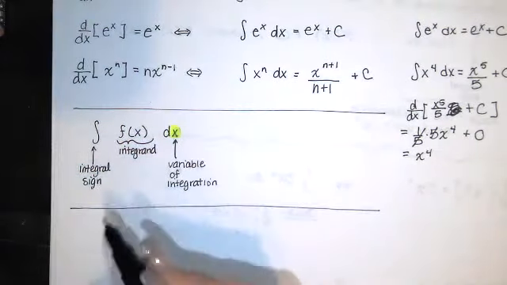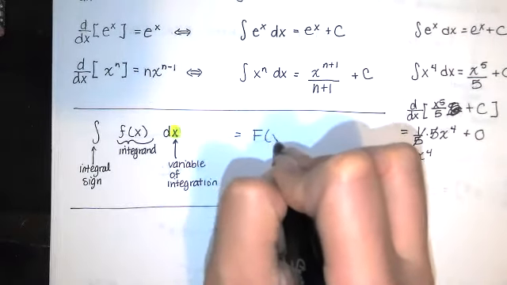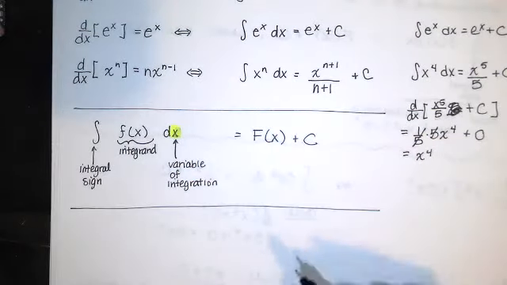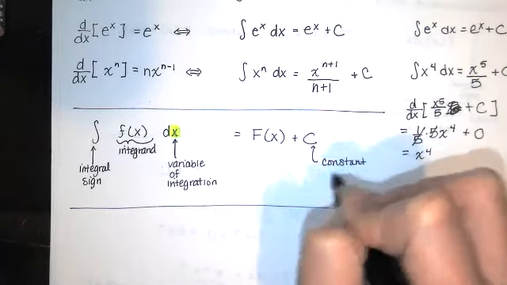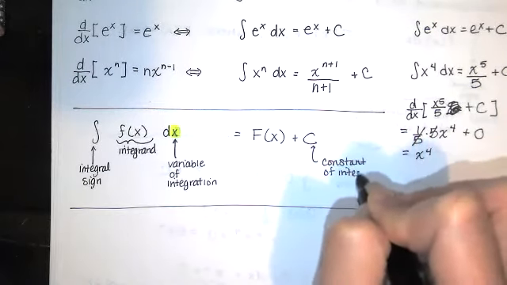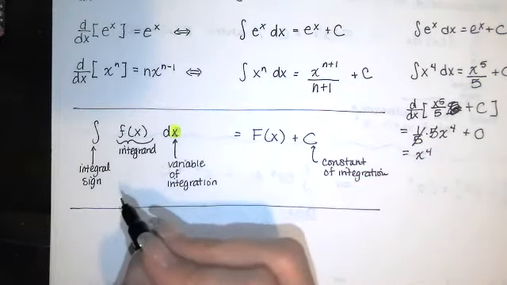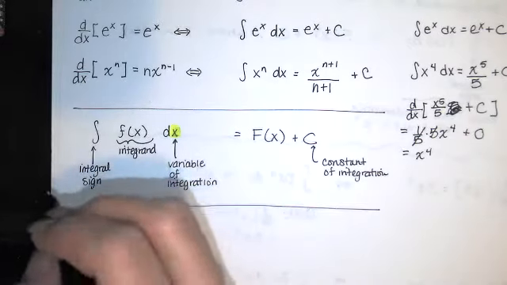So this is an antiderivative. And the function F of x plus c, we use capital F for the antiderivative, and then we have the constant of integration over here. This is called the antiderivative of f with respect to x. This is also called an indefinite integral.